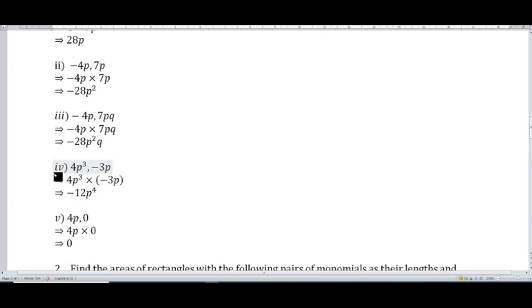In sum number 4 here, 4p cube and minus 3p. 4p cube into minus 3p. Why do we put a bracket here?